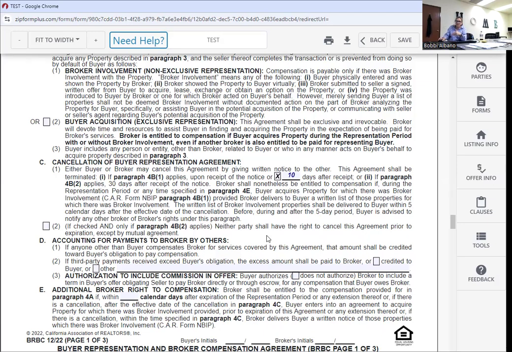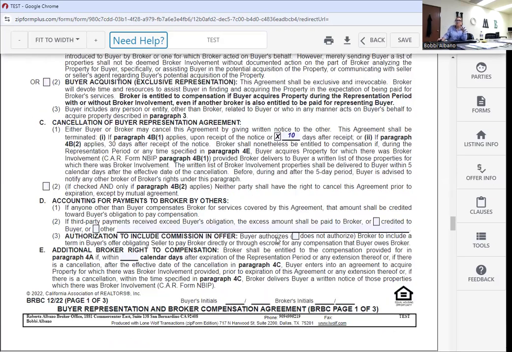Does that make sense? I hope it does. But if you were in an exclusive agreement, neither party shall have the right to cancel this agreement prior to the expiration, except by mutual agreement. So if it's a non-exclusive agreement, it can be canceled by giving written notice to the other. However, if it is exclusive, then neither party has the right to cancel.